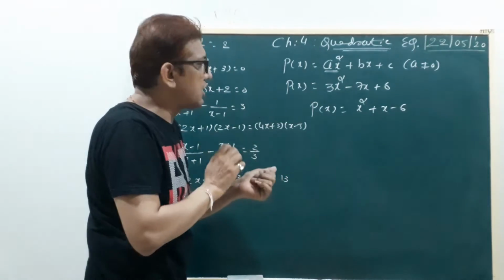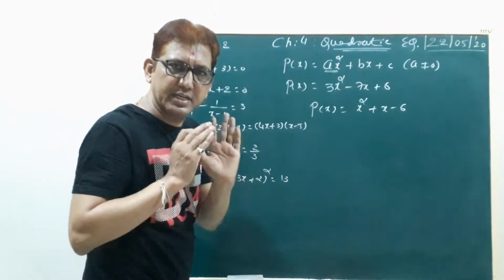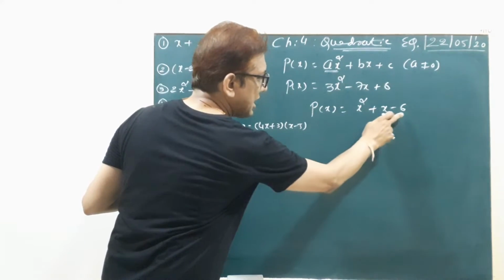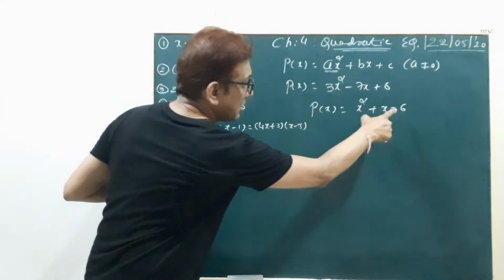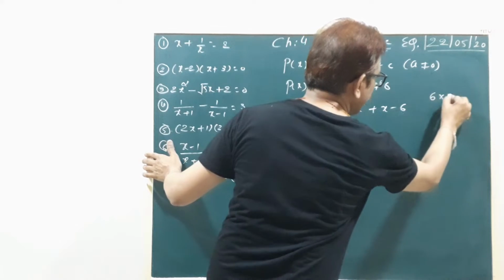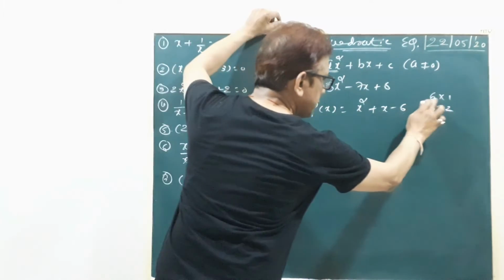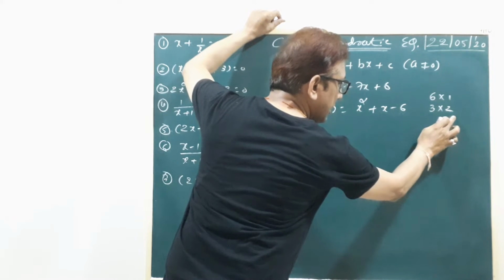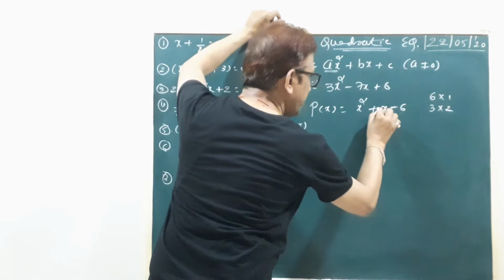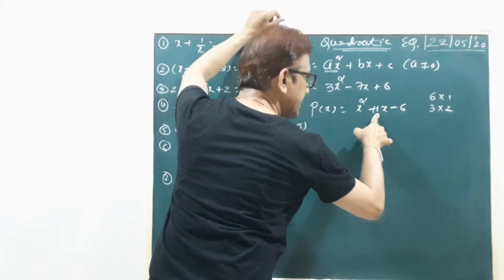In the last video lecture, we discussed factorization. So now factorize p(x) equal to x square plus x minus 6. Here the last term is 6. The factors of 6 are 6 ones and 3 twos. Now the last term is negative. 6 minus 1 is 5, but the middle term is 1. 3 minus 2 is 1, so that is possible.